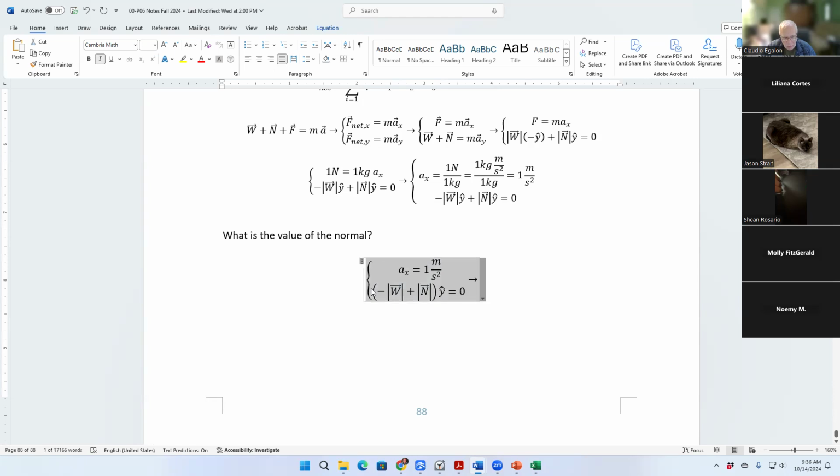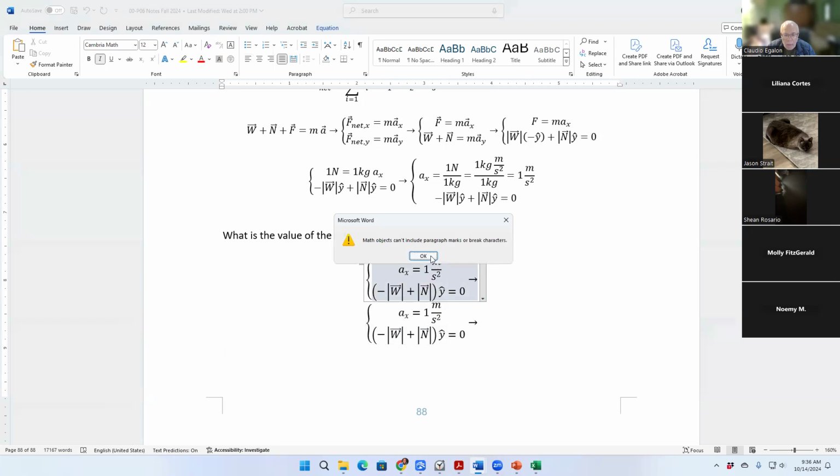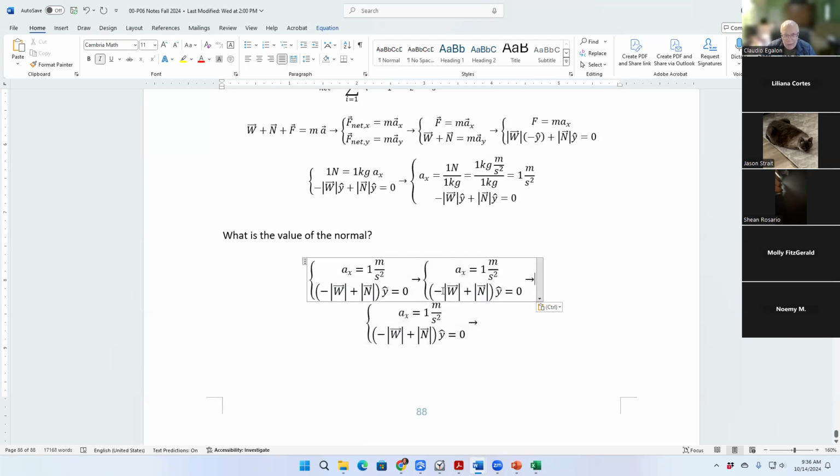But before solving for the normal, we gotta put the mg here, right? Or even better, let's do it this way first. You know, y hat cannot be 0, so the only way for this equation to be satisfied is for the terms in the parentheses to be equal to 0.